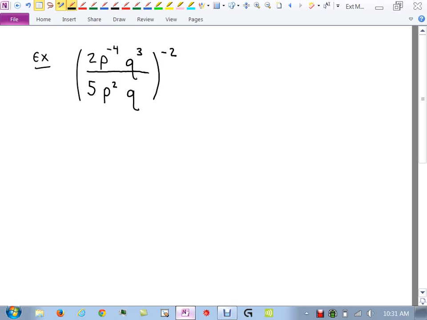All right, we're getting close to the grand finale here. 2p to the negative 4 q cubed over 5p squared q, all of this to the negative 2.